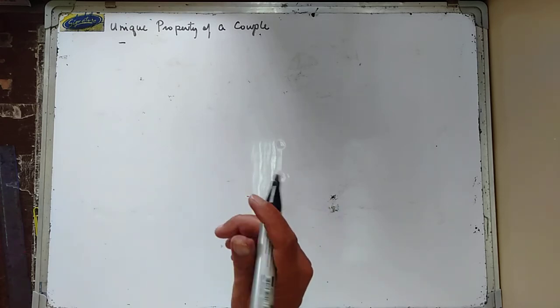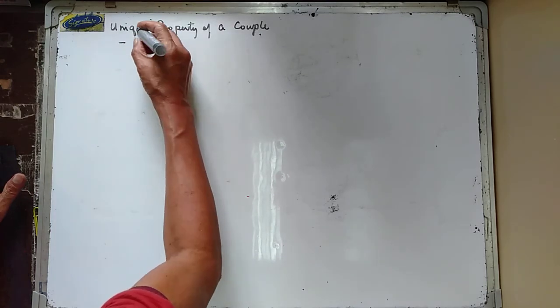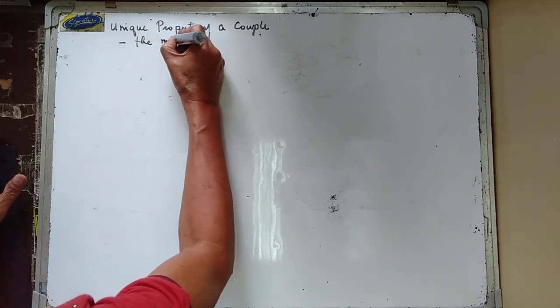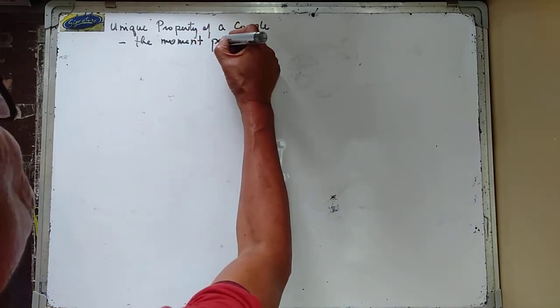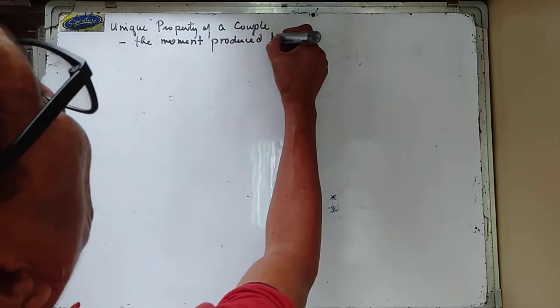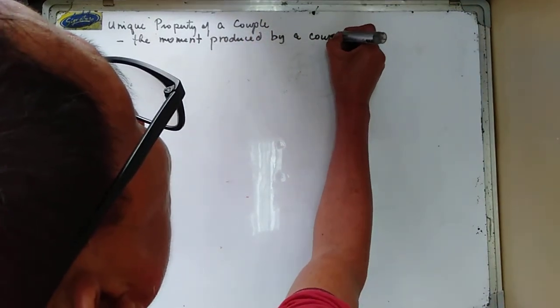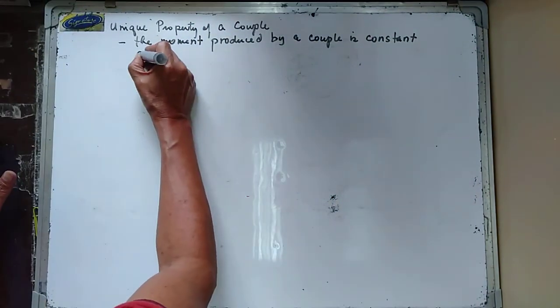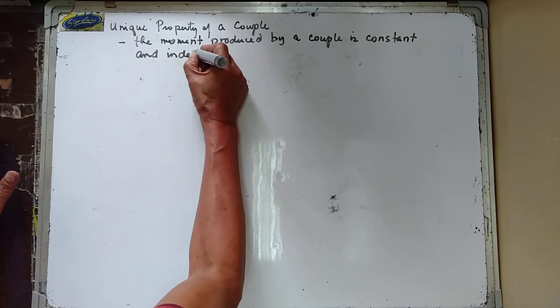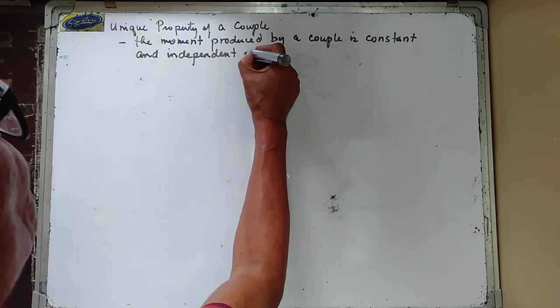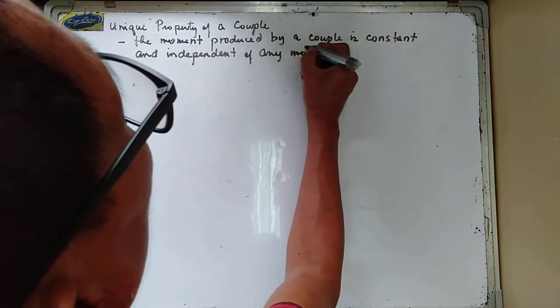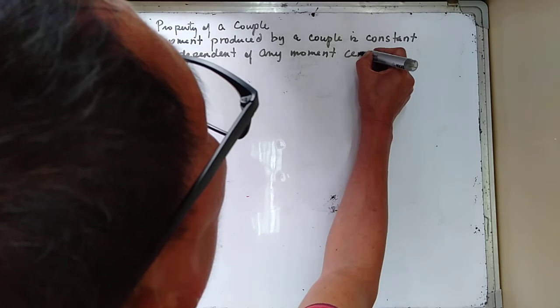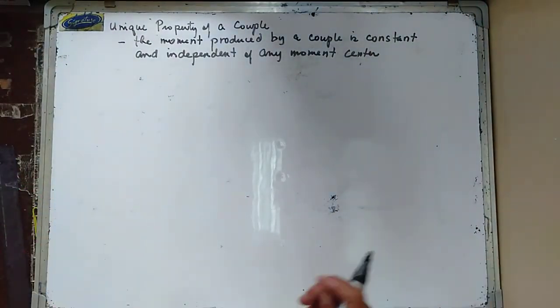The unique property of a couple is that the moment produced by a couple is constant and independent of any moment center.